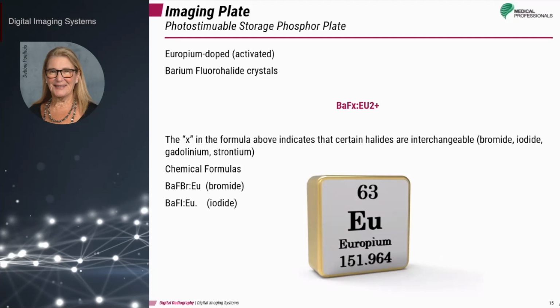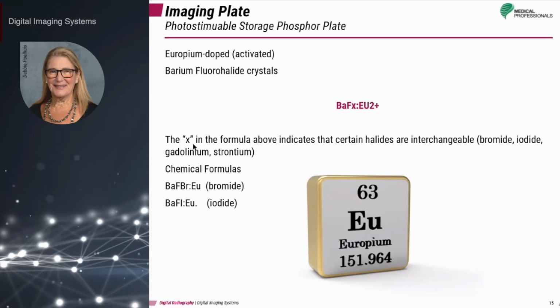Europium is a silvery rare earth metal that is used as an activator for the phosphor. Europium captures some of the energy of the remnant X-ray beam. It is responsible for the phosphor's ability to store energy.